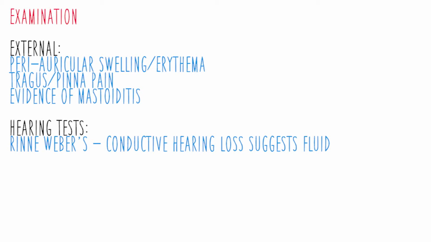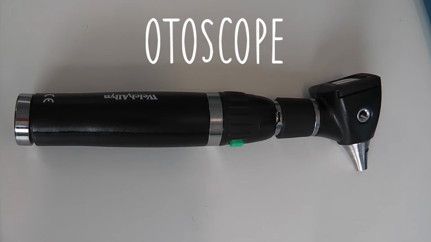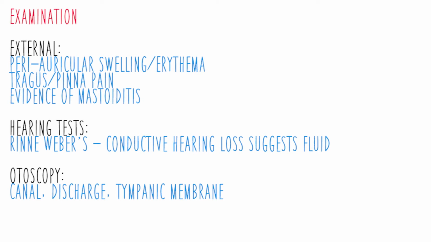It is good practice to perform a hearing test, as a conductive hearing loss picture is much more indicative of otitis media, and if there is any sign of sensory neural hearing loss that wasn't previously present, the patient will have to go for formal hearing tests. The mainstay of any ear exam, however, is otoscopy. If the otoscopic examination is not well tolerated, it suggests a possible trauma or otitis externa in the ear canal.